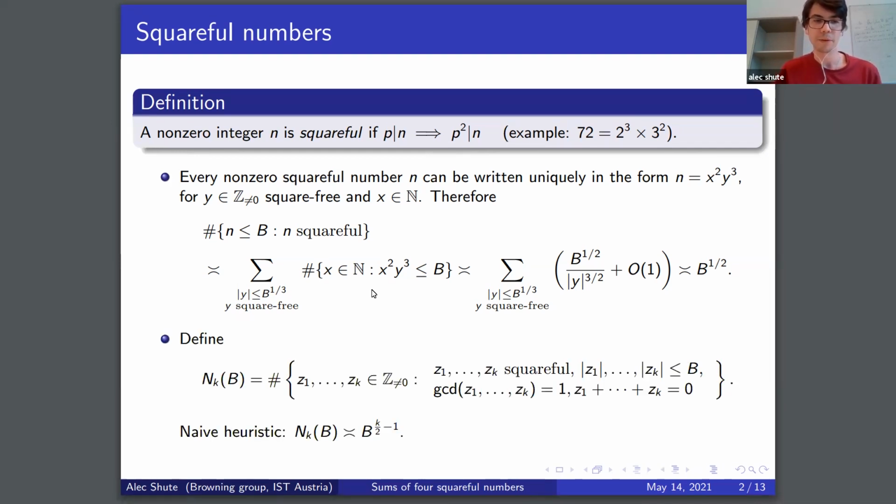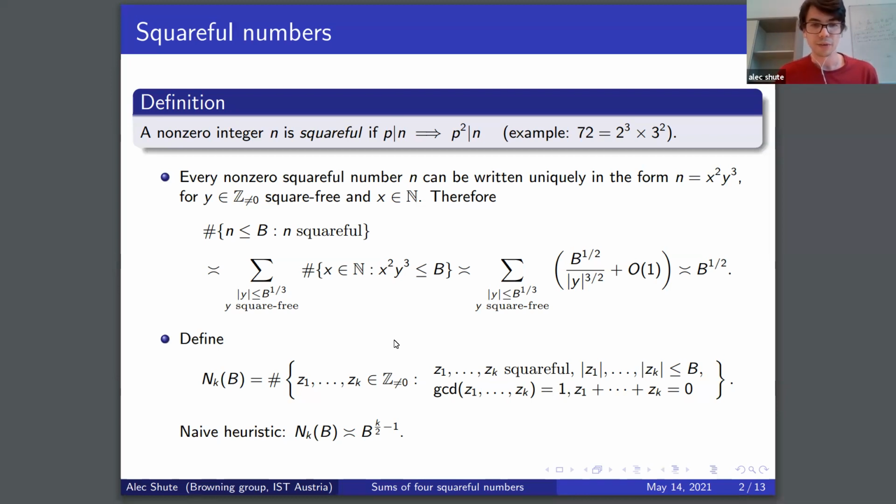Anyway, here's the main counting problem for the talk, and it's N_k(B). This is defined to be the number of non-zero integers z_1 up to z_k, which are all Squareful, all bounded by B, and coprime. So far this would still be fairly easy using the kind of arguments above. But then we add in an extra equation that the sum of these has got to be 0.